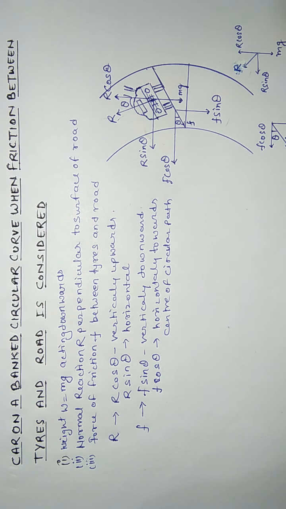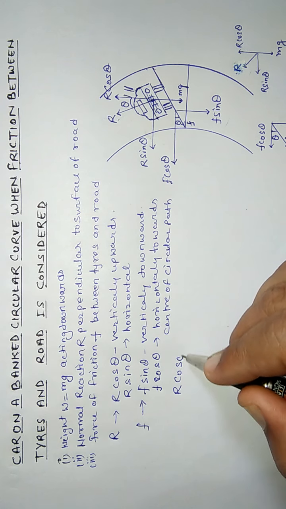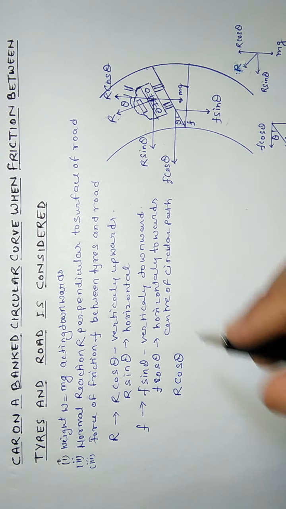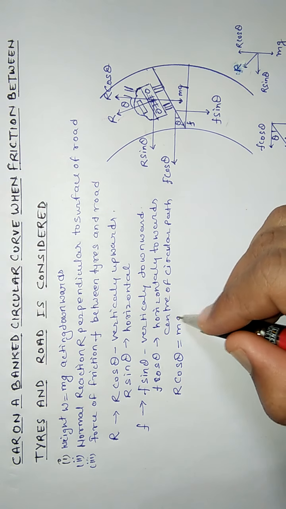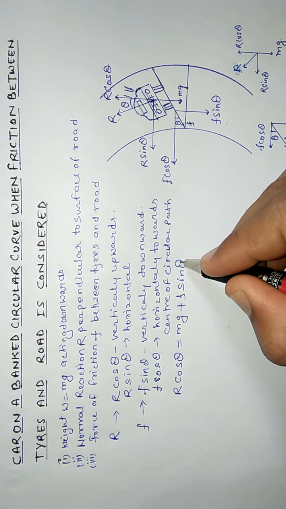As we know, there is no acceleration of the body along the vertical direction, so the net force acting along the vertical direction must be equal to 0, or we can write R cos theta is equal to mg plus F sin theta.